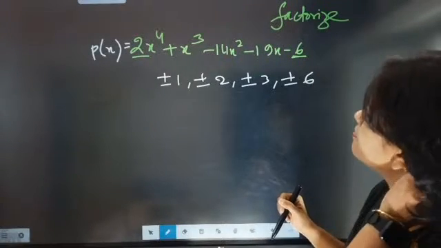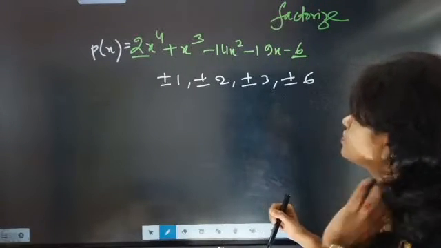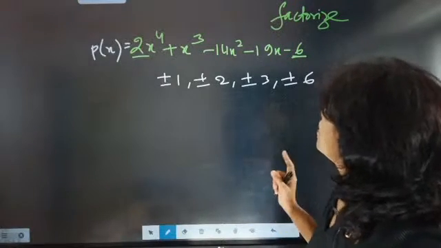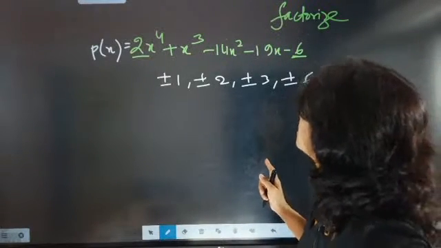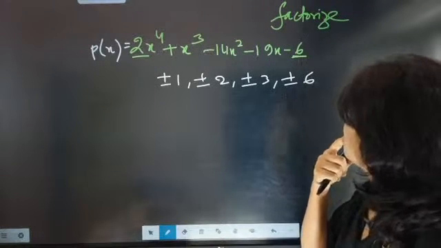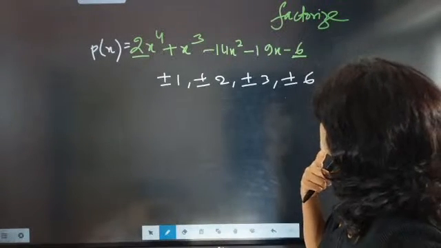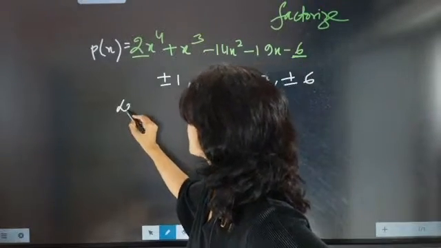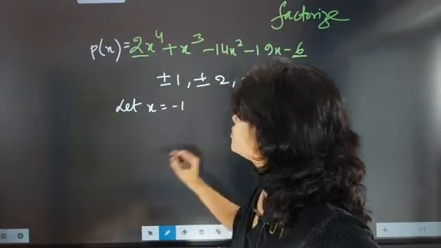But if it is minus 1, 2 minus 1 is 1, 1 minus 14 will become minus 13, minus 13 minus 6. So let x be equal to minus 1.